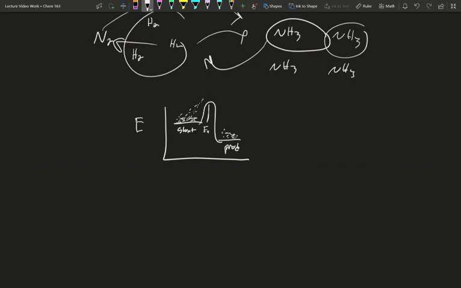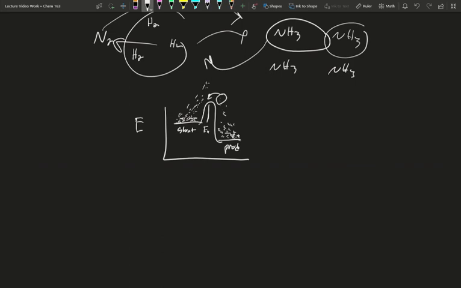Well, the product has its own thermal spread. Most are low, but a few will be high enough to get over, and technically there'll be even more over here on the starting material side. But a few randomly of your products, just due to the distributions of energy, will have the energy to go back.